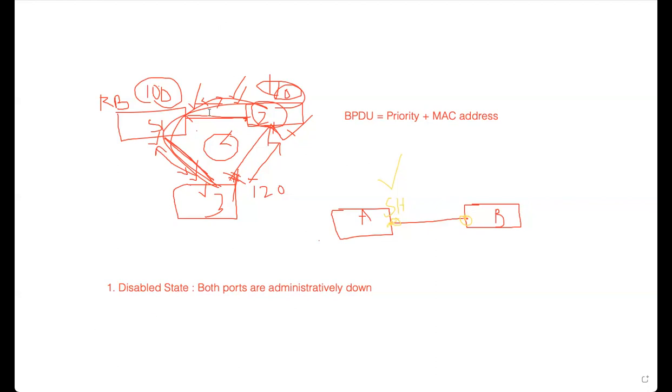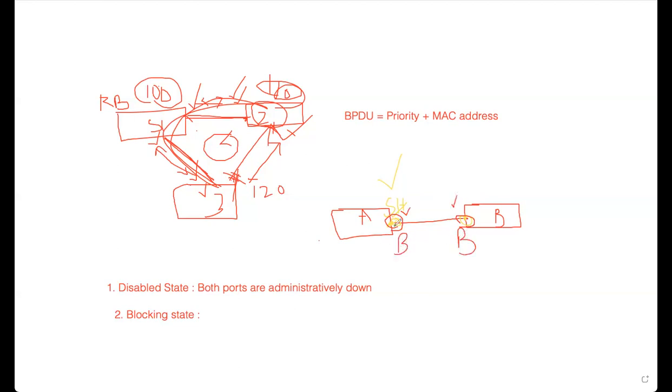The next state is the blocking state. What does the blocking state do? When the device comes up, when the port is up, initially both the ports will be in the blocking state. It starts with blocking and blocking.